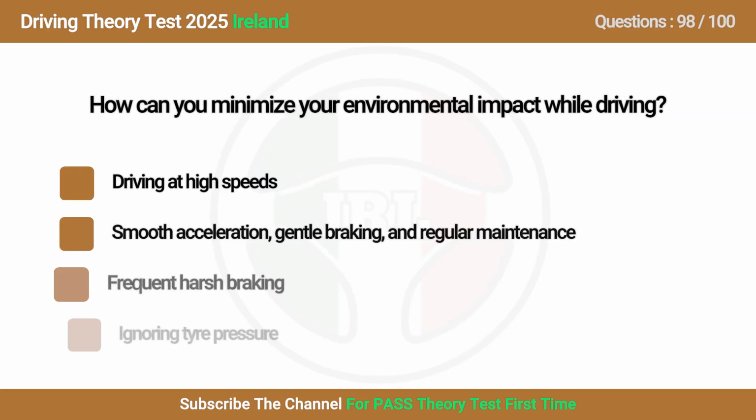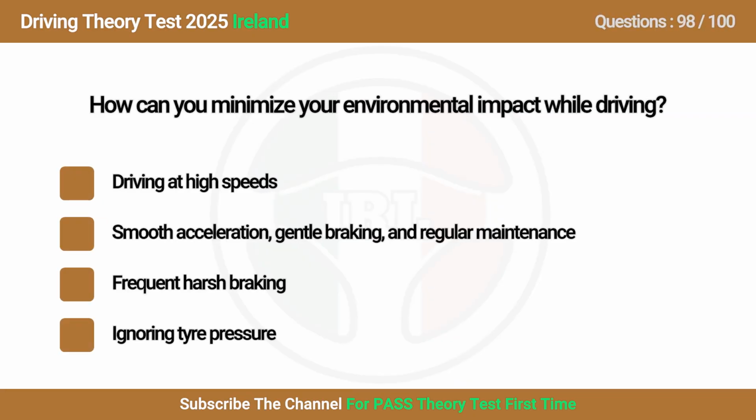Question 98. How can you minimize your environmental impact while driving? A. Driving at high speeds. B. Smooth acceleration, gentle braking, and regular maintenance. C. Frequent harsh braking. D. Ignoring tire pressure.